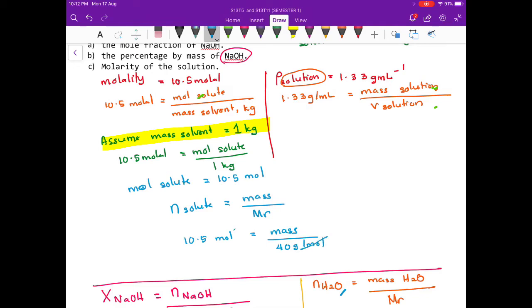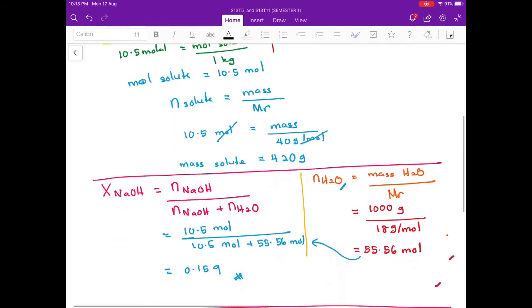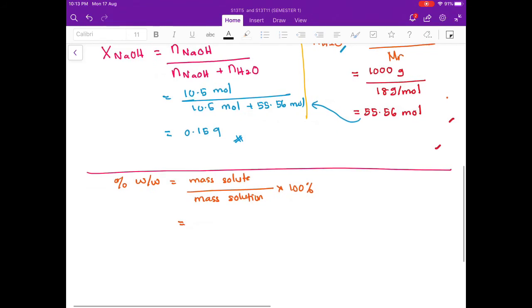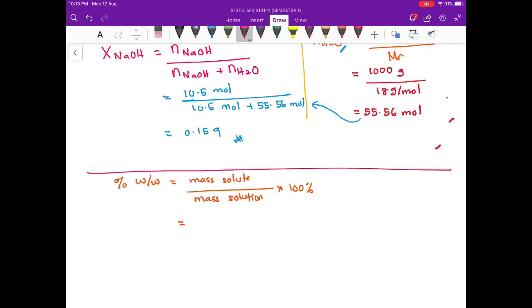So the mass is 420 gram. This is our mass of solute. How did I get the mass of the solute? From the number of mole of solute. So here the mass of the solute is 420 gram.